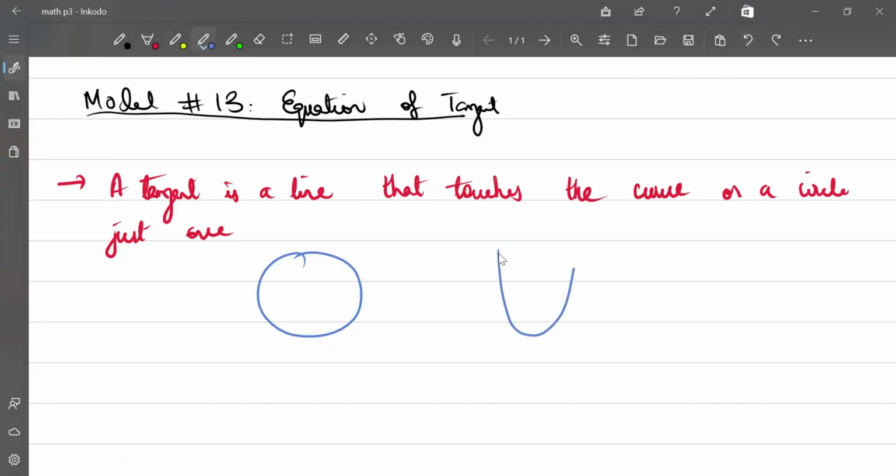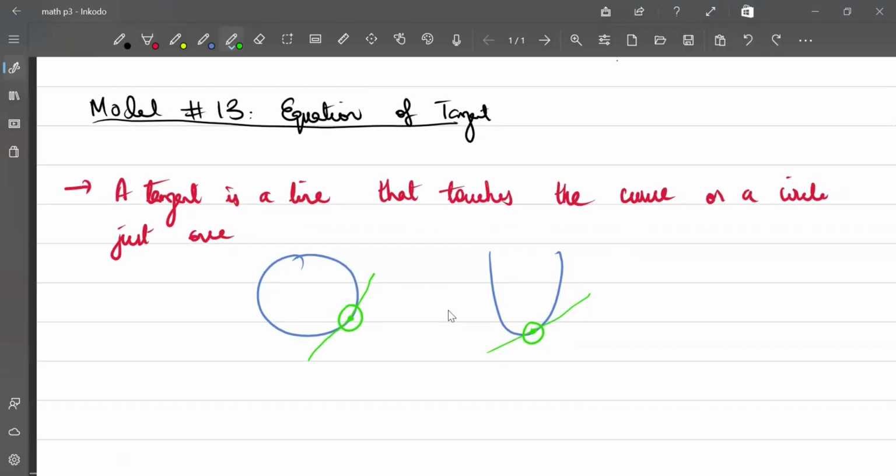If I just draw a line that touches once, this line that touches once is a tangent. If this line were to pass from here, it would intersect twice, and we don't want that. We want a line which touches the curve only once, and that line is a tangent. This is something you should already know, because this is something basic.